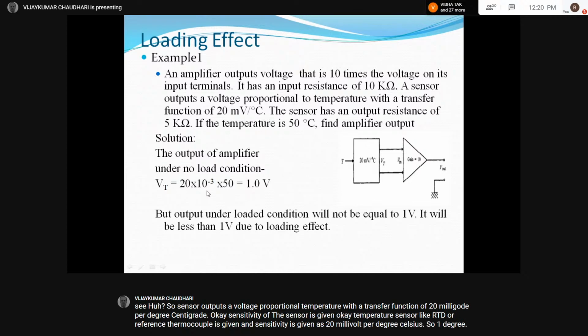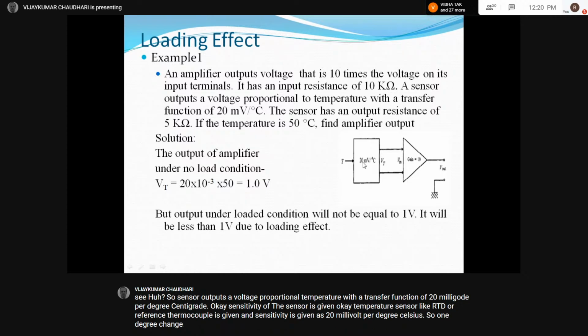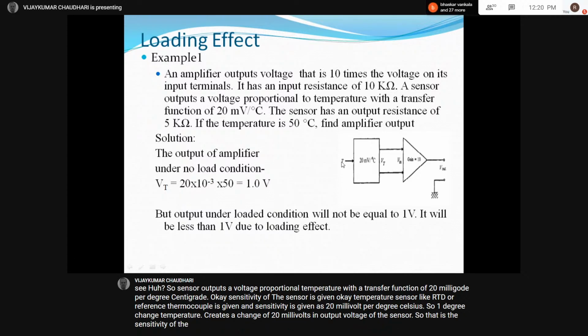So the output voltage of the sensor will be 20 into 10 raised to minus 3 volt per degree Celsius into 50 degrees Celsius, that is 1 volt, right? So at 50 degrees, the output voltage Vt at the output of the sensor will be 1 volt.